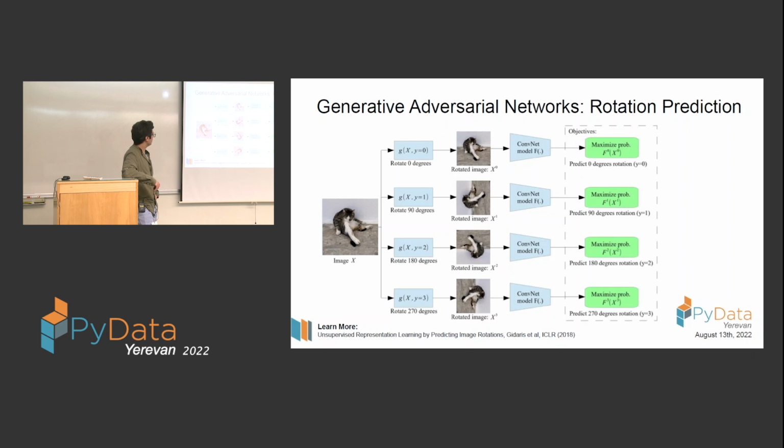It was trained on differently rotated images. And the objective was to try to predict how much this image is rotated compared to the zero rotation, 90 degrees, 180, 250. And then at the end, the network could tell you, if you have an input image, maybe it is rotated 90 degrees. Okay?